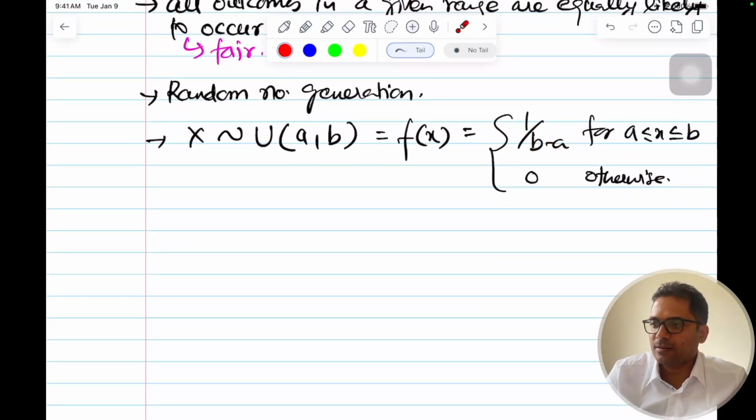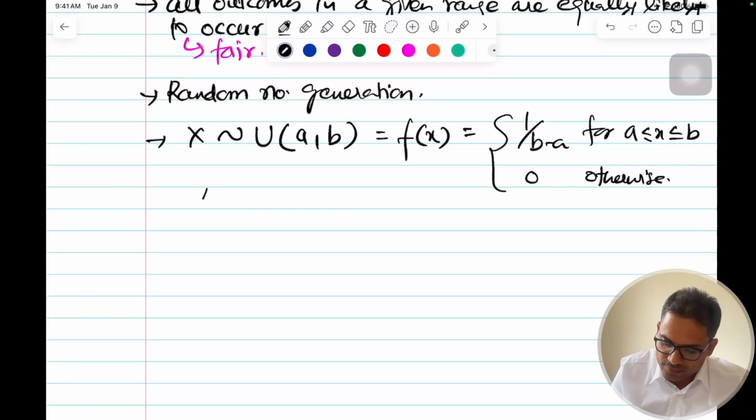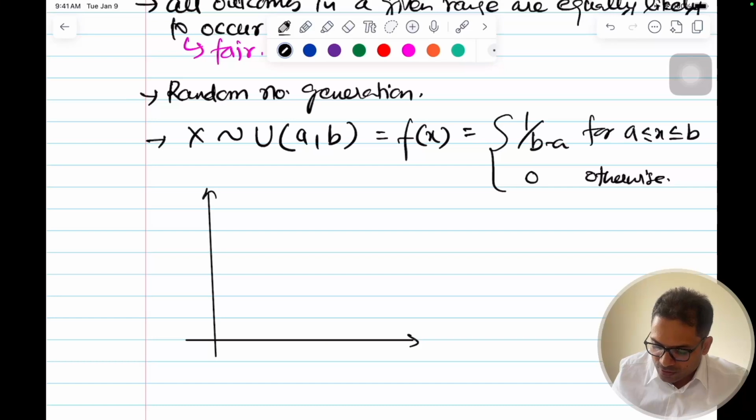And if we draw the PDF, how will it be? If you draw the PDF, this is a, this is b, b is greater than a, so this will look like this.